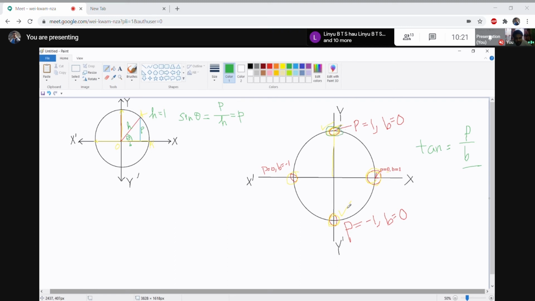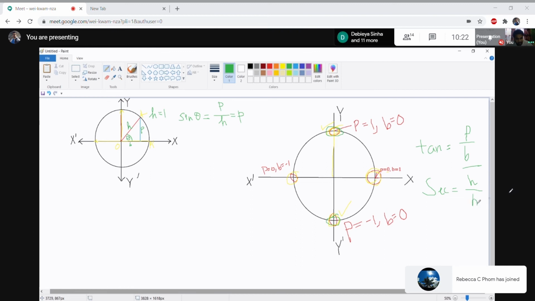In these 2 points, this is pi by 2 and this is 3 pi by 2, so at these 2 points tan will be undefined. Similarly at these 2 points sec is also undefined, because sec means hypotenuse divided by base, right? So at pi by 2 and 3 pi by 2, sec is also undefined.